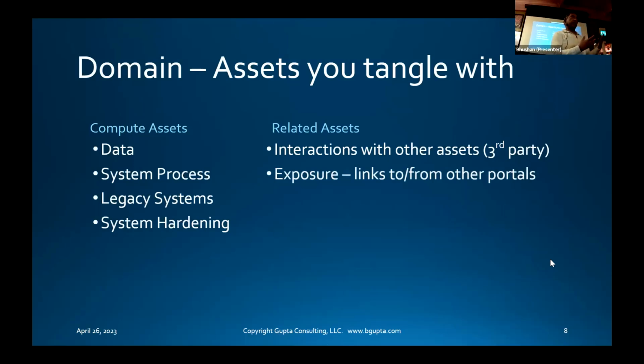These are the things people can use, or the links people can use, to come from outside. If you look at some major breaches, they happened because of third-party software. Home Depot had a big breach, and it was because of a third-party system. So these are the exposures you have in your system from outside.